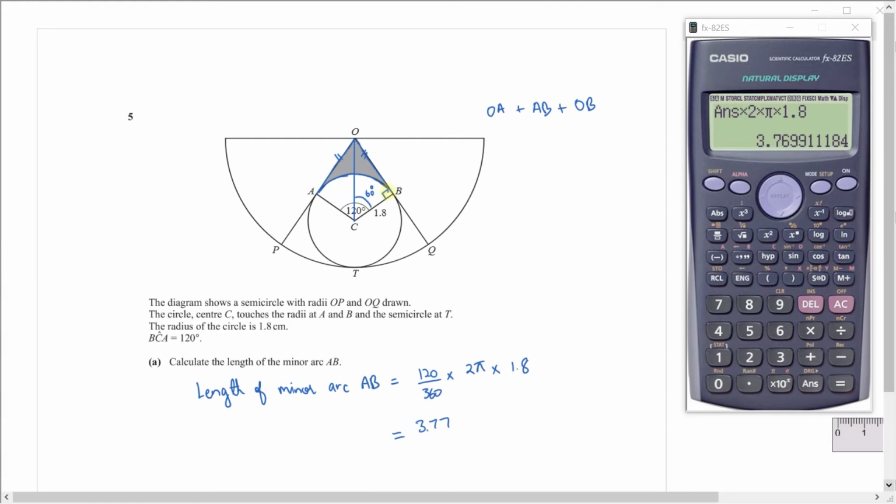So now you know OCB is a right angled triangle, and we can calculate this perpendicular length. We know the base is 1.8, and we need to calculate this perpendicular, given this angle is 60 degrees. So we can use tan of angle OCB equals perpendicular, which is OB, over the base, which is CB.